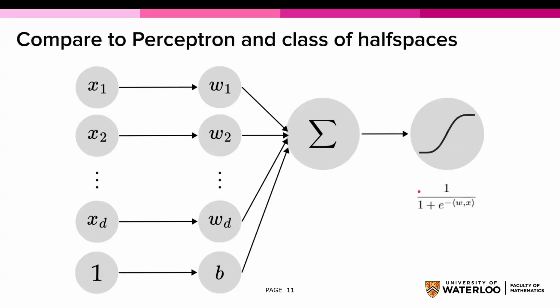And so the logistic regression model is similar in that both models rely on taking the inner product between the parameter vector and the feature vector, but their outputs differ. Logistic regression applies a sigmoid function after computing the dot product. So this gives us something between 0 and 1 that we can interpret as a probability. For large absolute values of the dot product, both models will behave similarly.